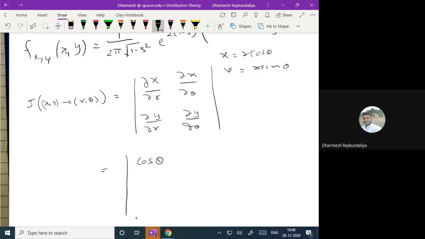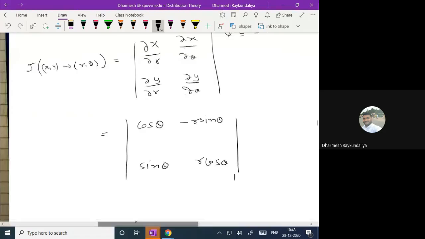The derivative of x with respect to theta: r is constant, and the derivative of cos theta is minus sin theta, so we can write it as minus r sin theta. The derivative of y with respect to r is sin theta, and with respect to theta it is r cos theta.